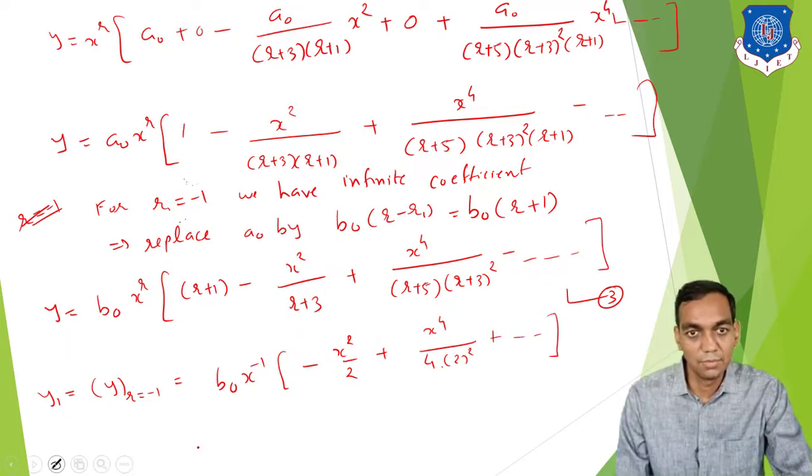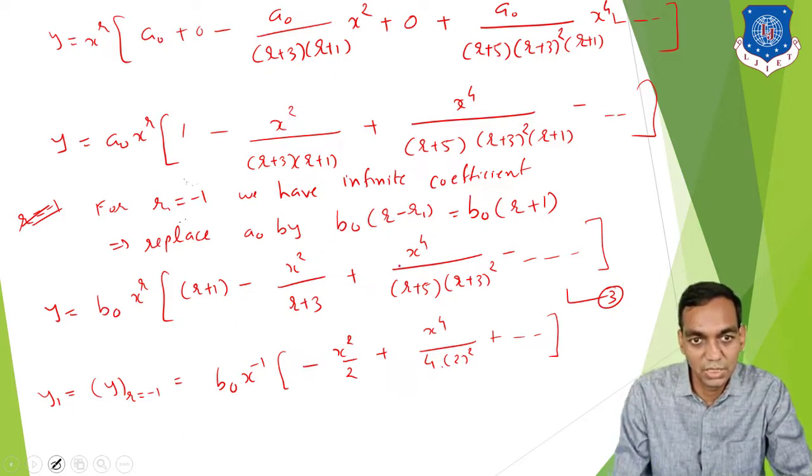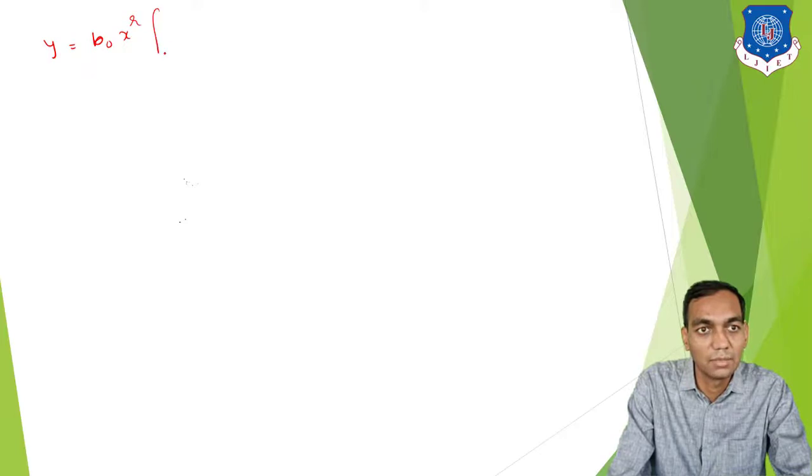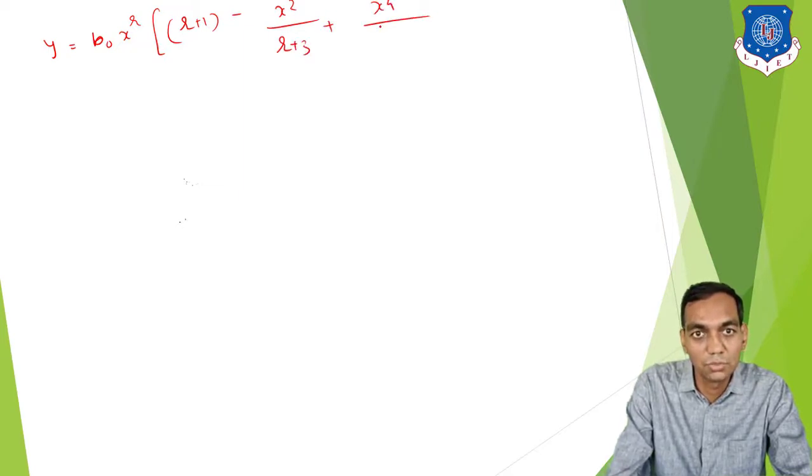But for second solution, you have to differentiate this term with respect to r. So for second solution, y2, okay, I am going to write here y first because it is b0 x raised to r times r plus 1 minus x square upon r plus 3 plus x raised to 4 upon r plus 3 whole square into r plus 5.